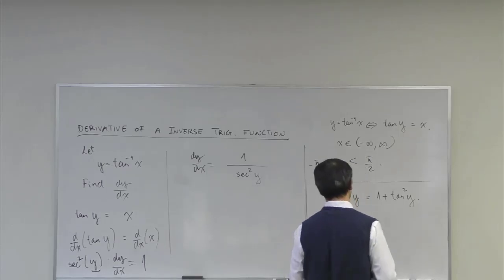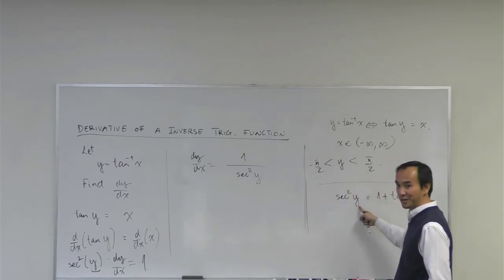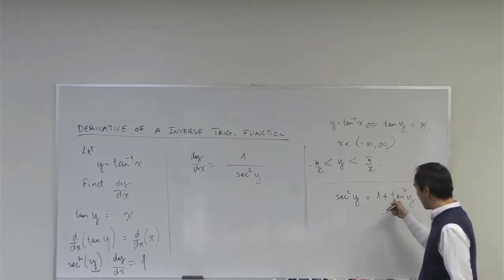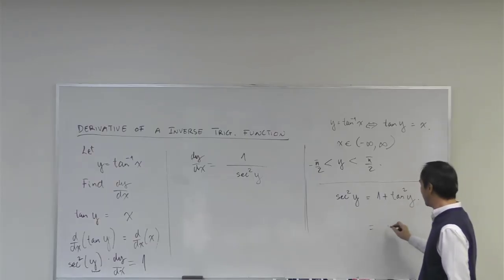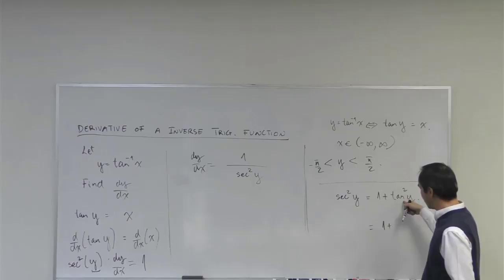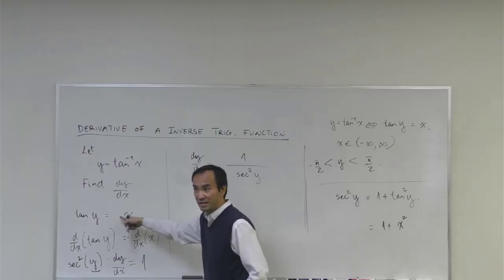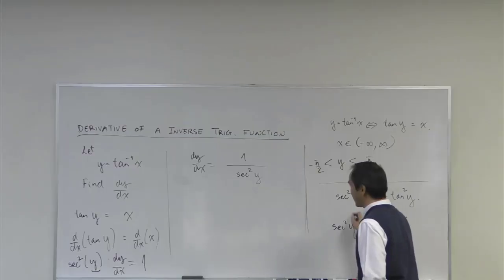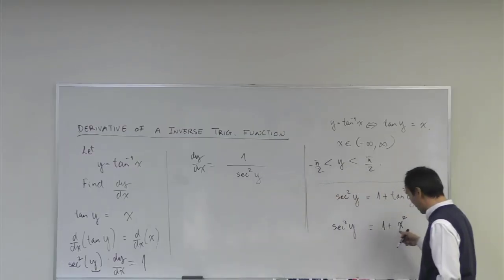It's an identity, meaning it will always be true regardless of whatever value y is. So secant squared of y equals 1 plus tangent squared of y. But tangent squared of y means what? Because tangent of y equals x, tangent squared of y equals x squared. So in the end, secant squared of y, which we have in our derivative, equals 1 plus x squared.